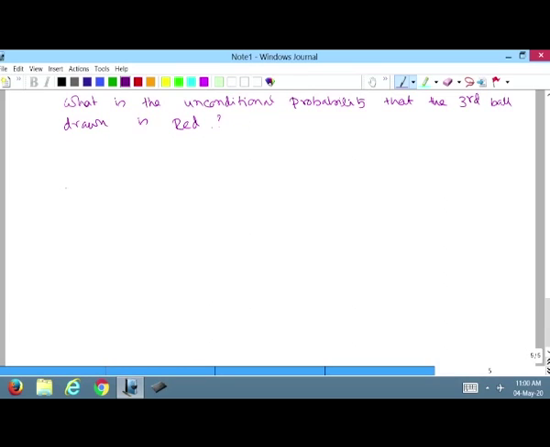So, let us start. The third ball can be red is a union of 4 disjoint events.